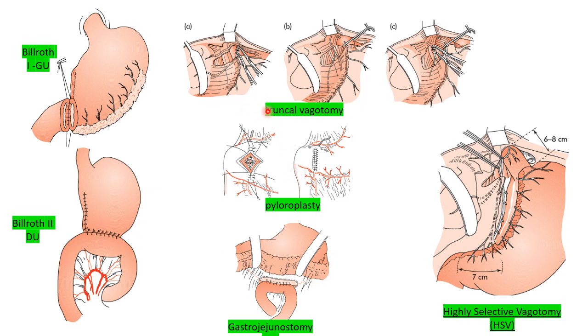The next operation is truncal vagotomy, where the main vagal trunks, anterior and posterior, are divided, and division of the vagal trunks will cause gastric stasis, so these patients will need a drainage procedure, and these are 2 types: pyloroplasty and gastrojejunostomy.